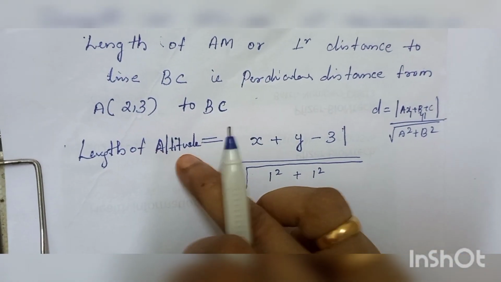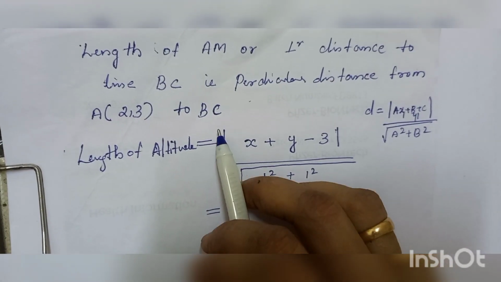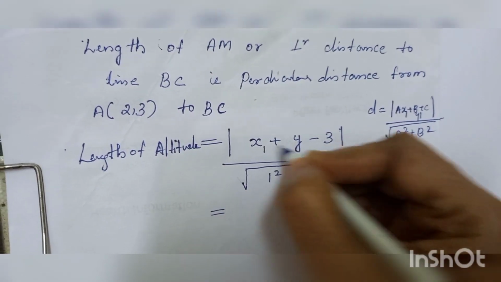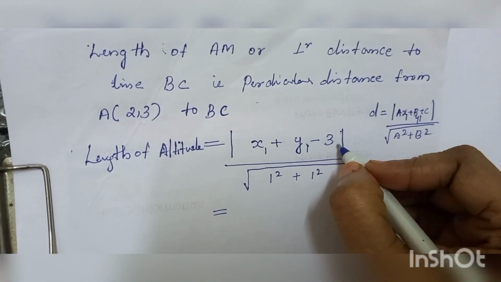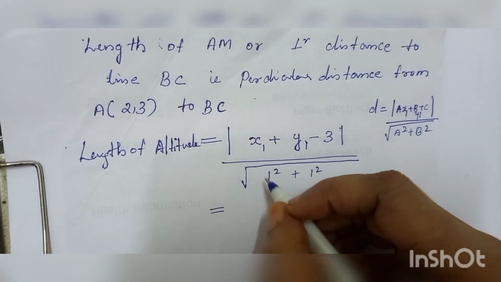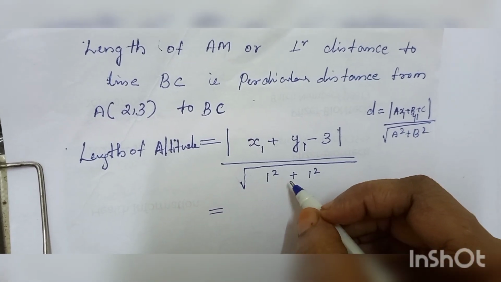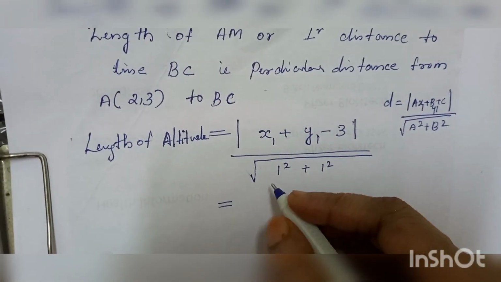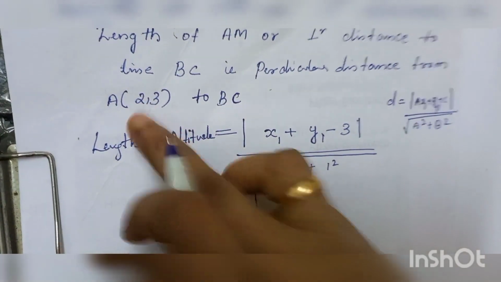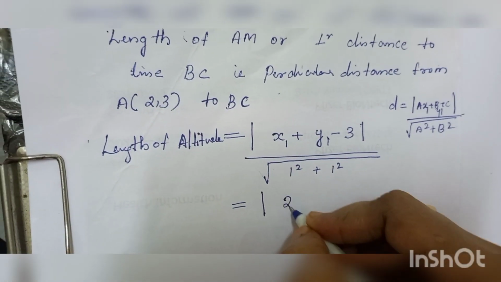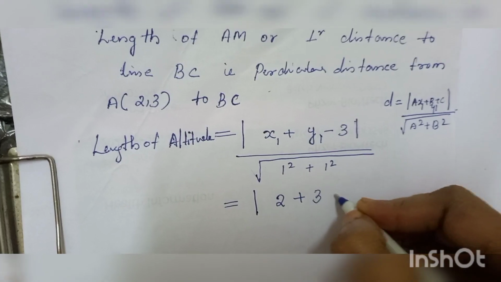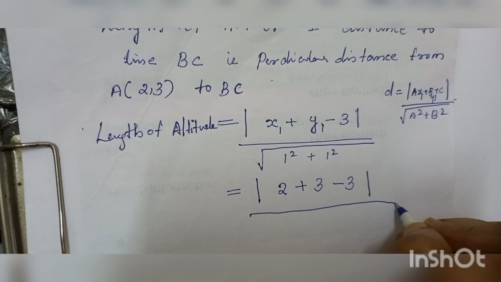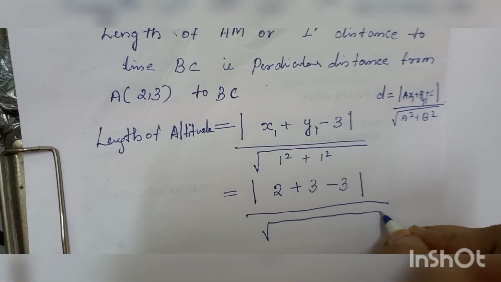So the length of the altitude is equal to the modulus of (x1 plus y1 minus 3) whole divided by root of 1 square plus 1 square.